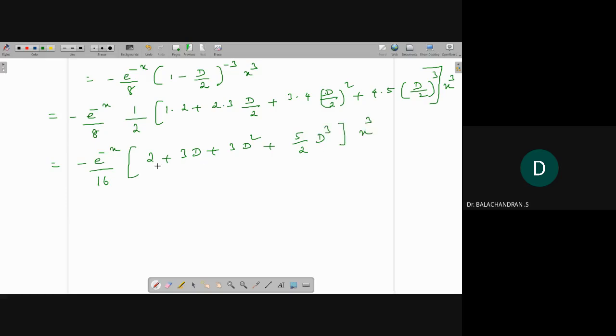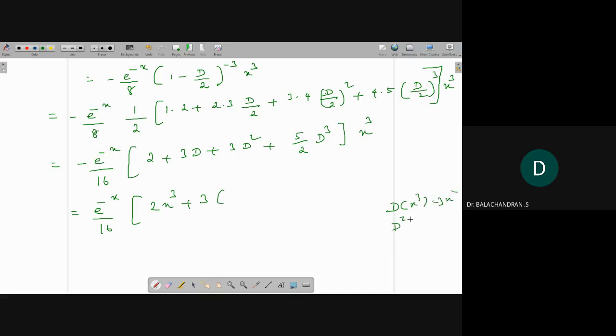Now operate this on x cube. You'll get minus e power minus x by 16 into 2x cube plus 3 into differentiation of x cube. Differentiation of x cube is 3x square.